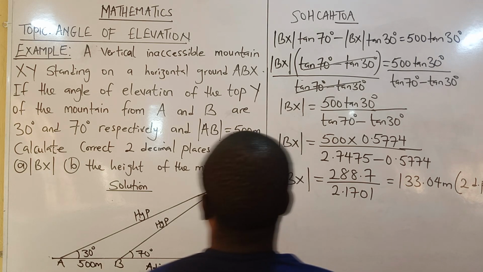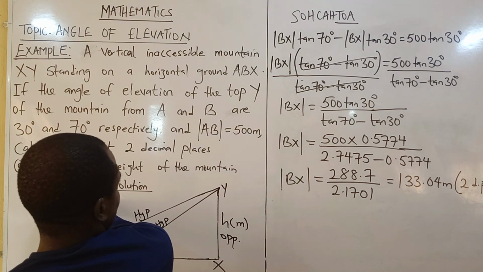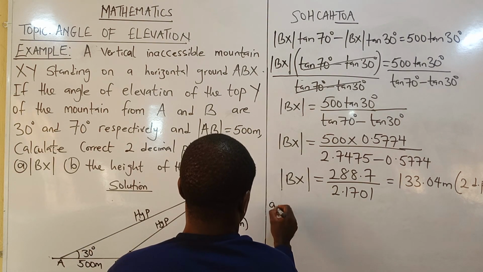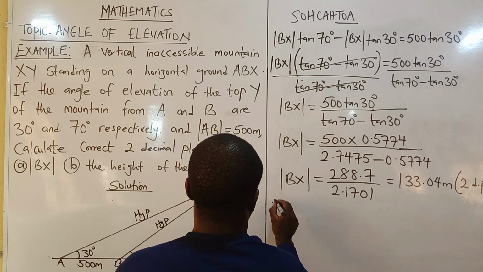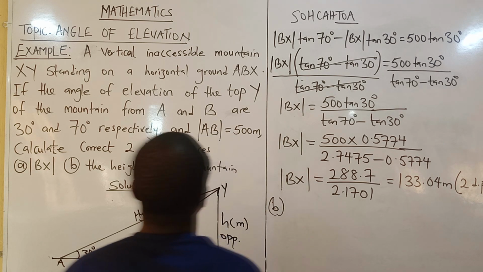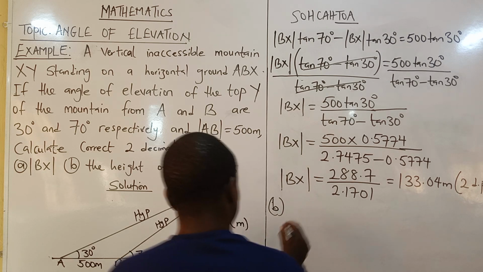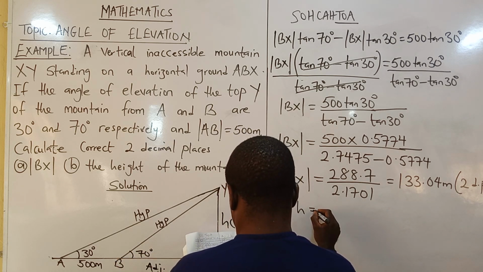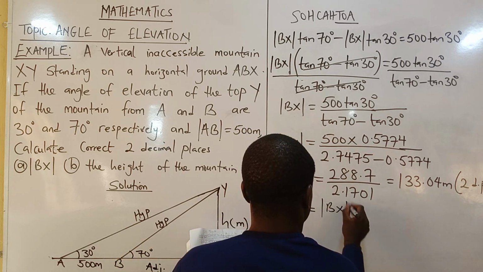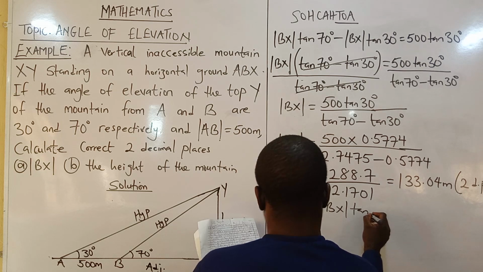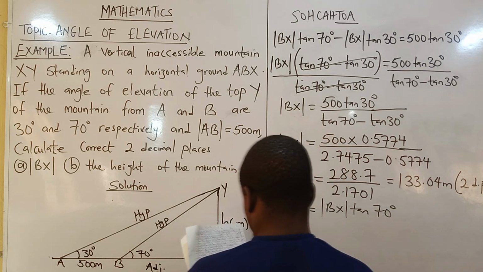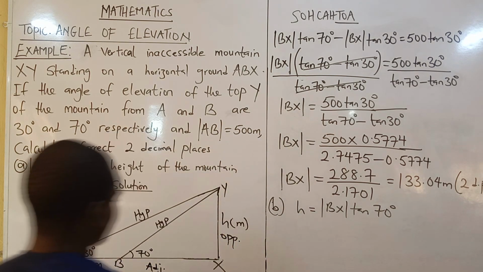Okay, now we have gotten the first part. Now the second part, that's the B part, we are looking for the height of the mountain, and from the expression we are having H equals line BX tan 70 degrees. We got it from here.